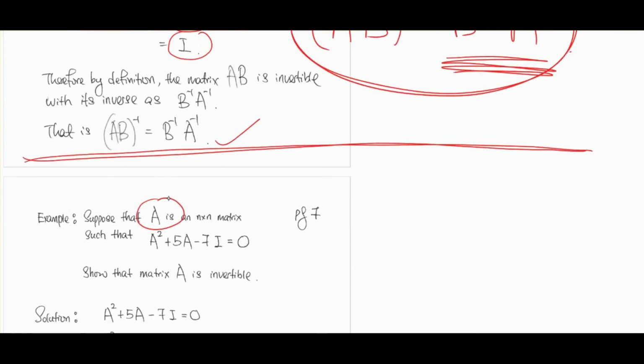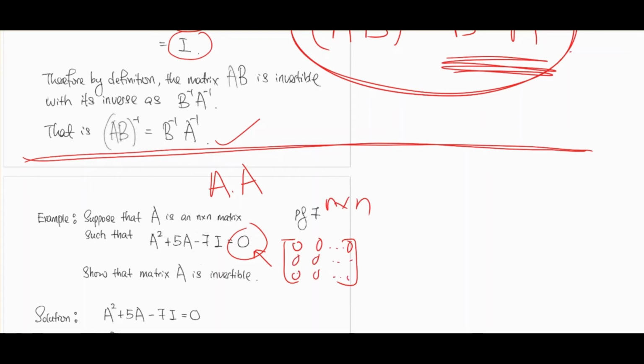You are given a matrix A of size n by n, and you square it, meaning A times A. Then you take 5 scalar multiplied with A, and the identity matrix scalar multiplied with -7. It so happens that if you do this computation, you will have a 0. This 0 here is not the number 0, but a 0 matrix, a matrix of size n by n where all the entries are 0.